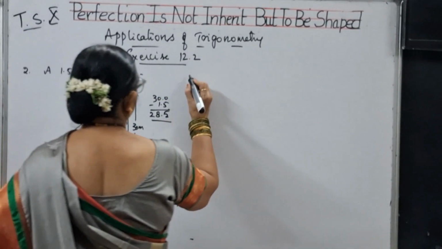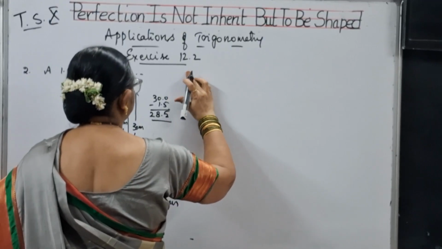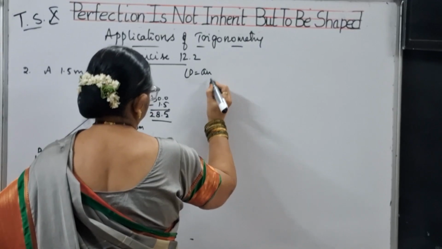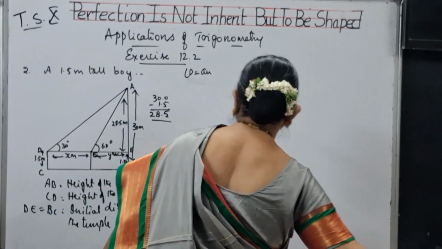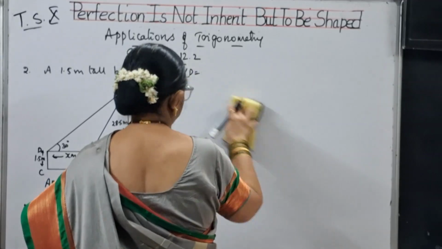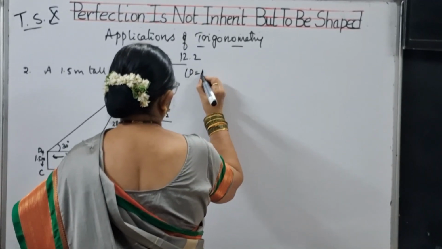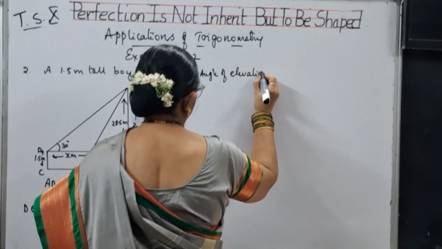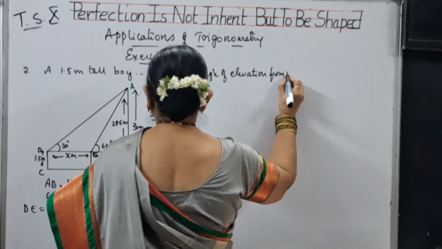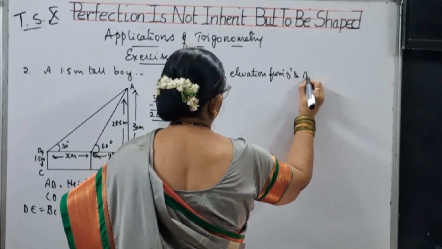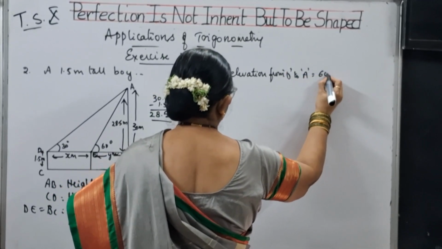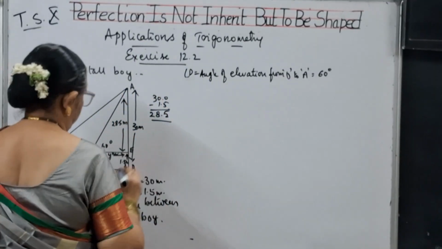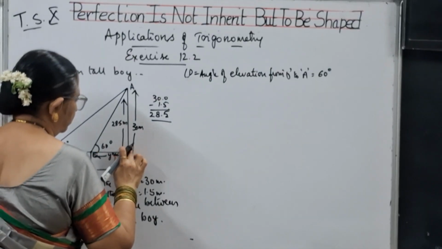Next, angle D is the angle of elevation from D to A, which is equal to 60 degrees. Now, E I have already written here.